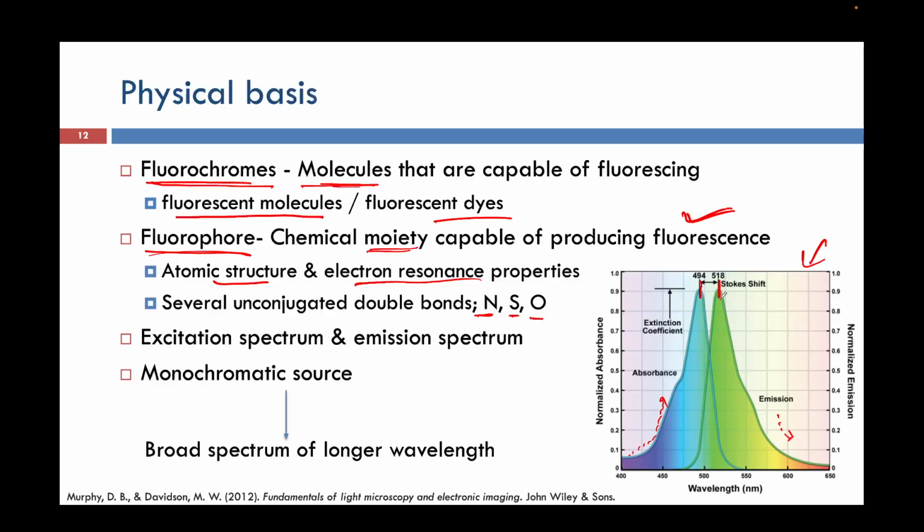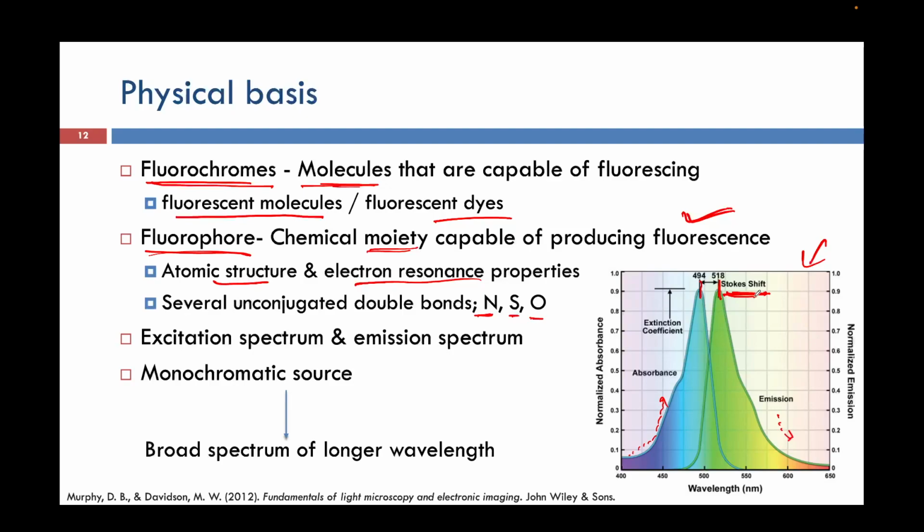These are the two different spectra that we have to see in fluorescence microscopy, and this difference is known as the Stokes shift. This is a very popular terminology. So the difference between the peak of the absorption wavelength and the peak of the emission wavelength is known as the Stokes shift.